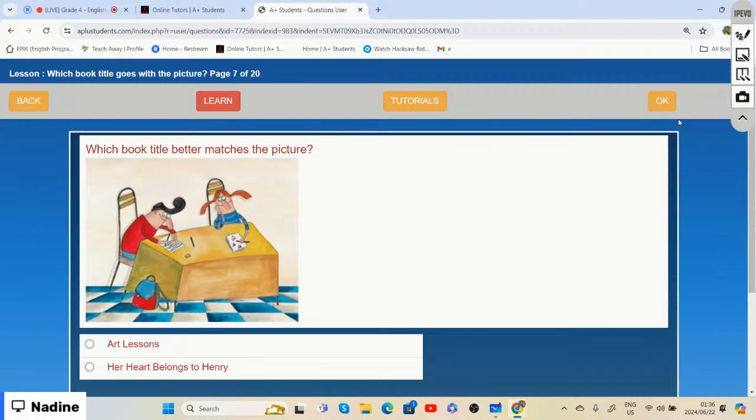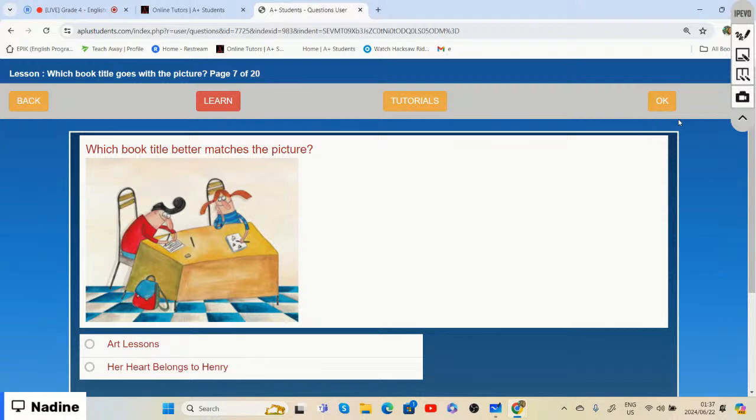Is it option one that says Art Lessons, or is it option two, Her Heart Belongs to Henry? Are they doing any form of art lessons, or does it show that she is in love with Henry? Because it says her heart belongs to Henry, then it means that she likes Henry.